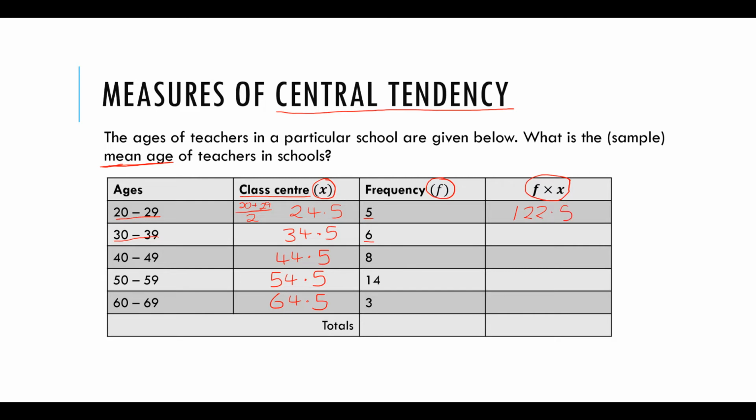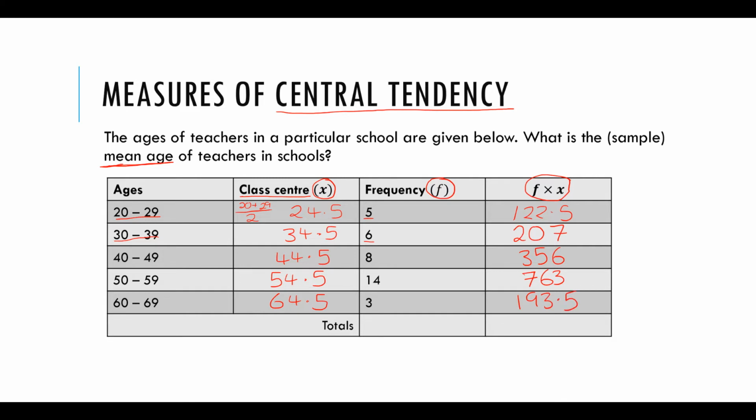If you then do 6 times 34.5 for the second one, you will get 207. 8 multiplied by 44.5 gives 356. The next one, 763. And finally, 193.5.